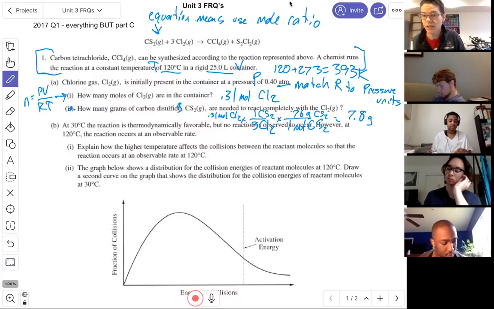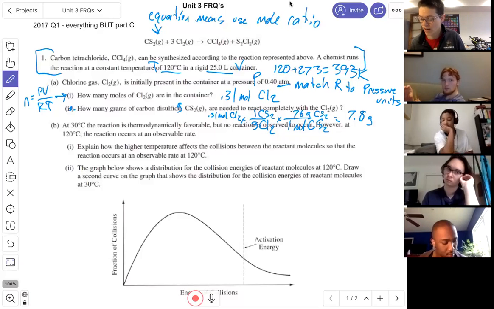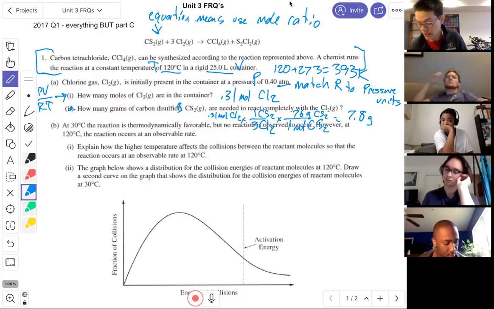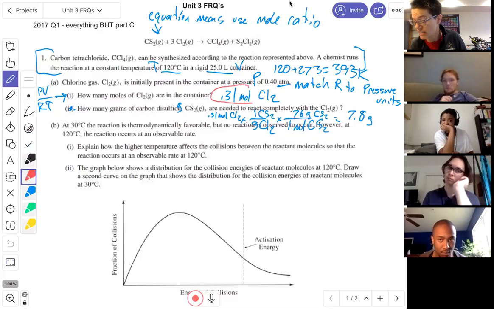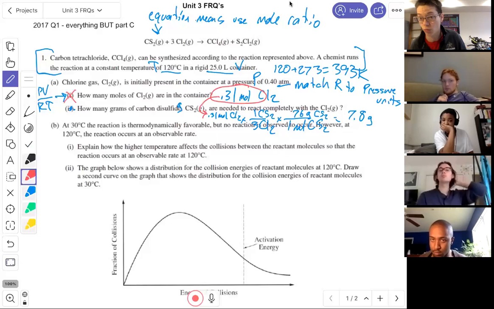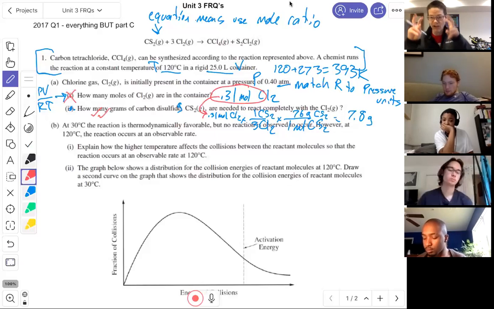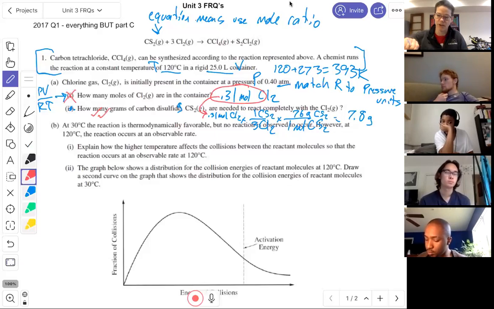Now, this would be a question where if you got an incorrect answer here and did not get this point, but you used this number in this location correctly, you would get both points in the second part. So that's what they mean by error carryover. Even if you make a mistake somewhere, you can still get all of your points if you do the math correctly afterwards.